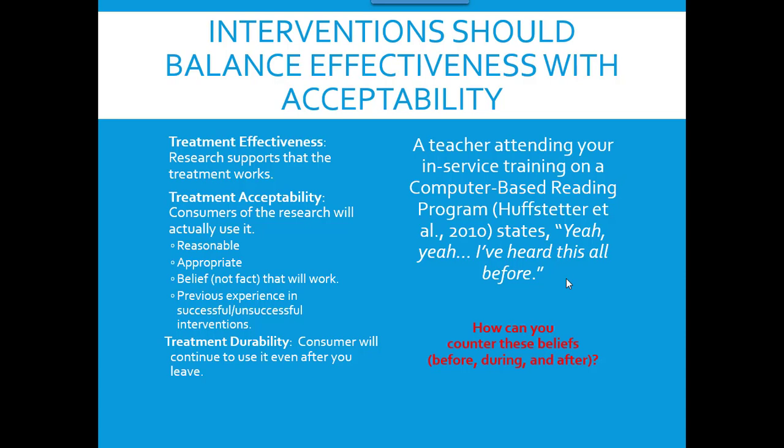So what are some things that you can do during the intervention? Meet every couple of weeks and show the improvement that's happening. Or if it's not happening, say it's not happening and change it to a different intervention. And we'll talk more about that in future discussions. And you need previous experience in successful and unsuccessful interventions.